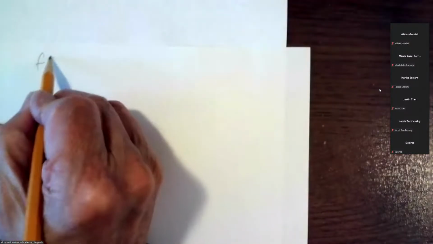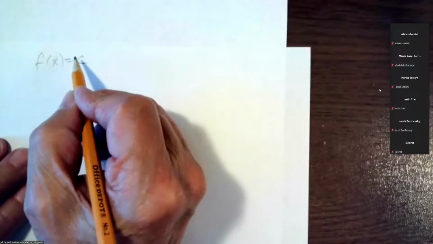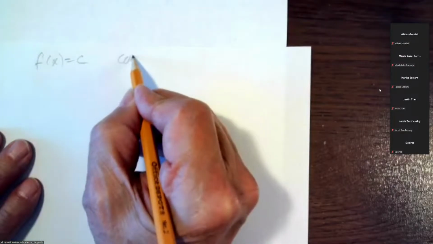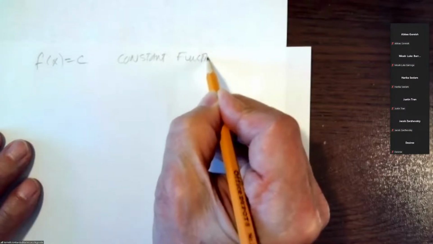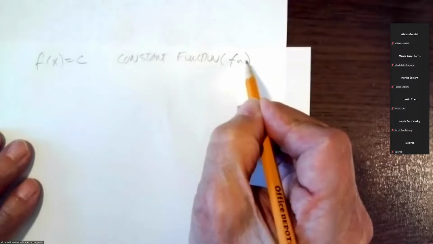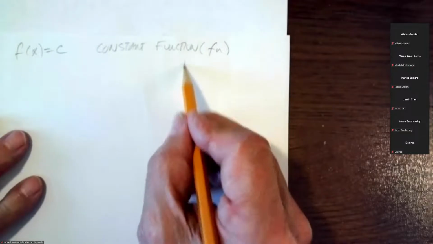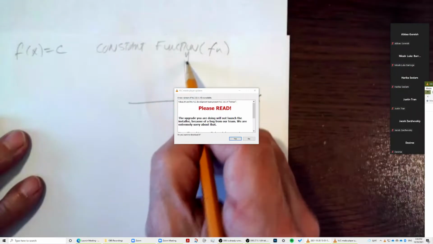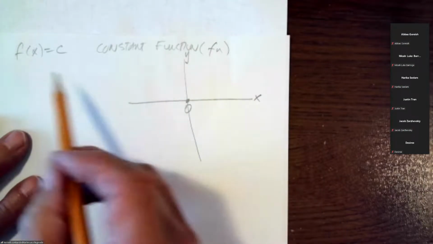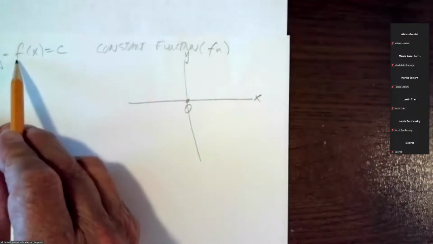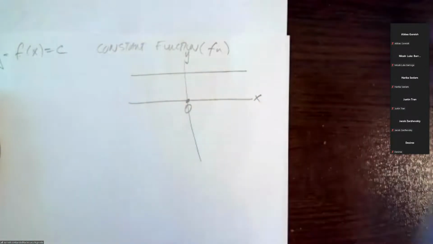So if I have f of x evaluated at c, this is called a constant function. And if we were to graph something like that, we would see that if we have x and y in a coordinate plane, and here's our origin, and I'll make y equal a function of x that is a constant, and c was positive, we might have a line that looks like that.